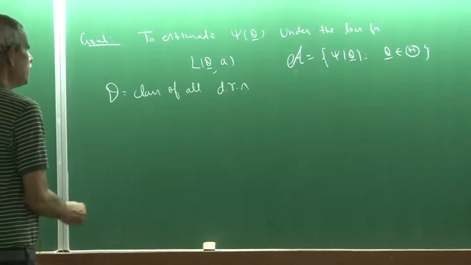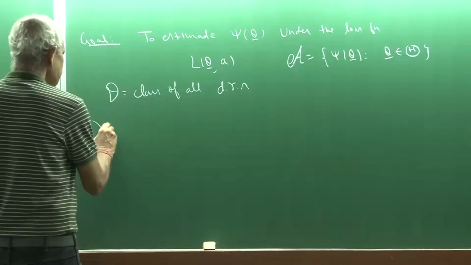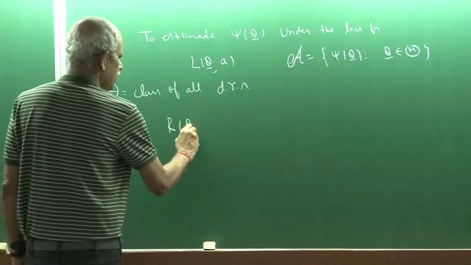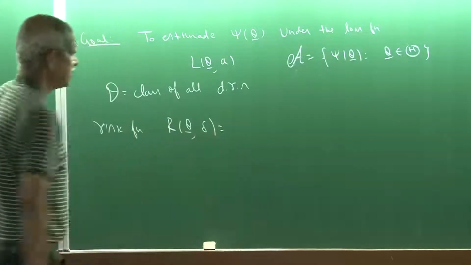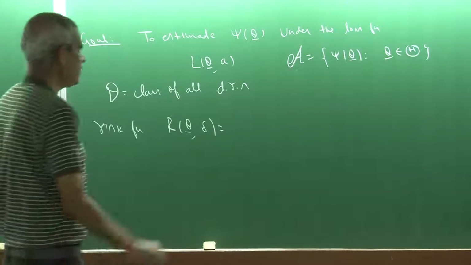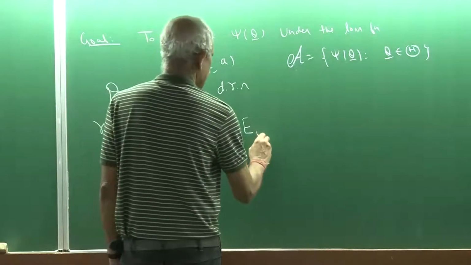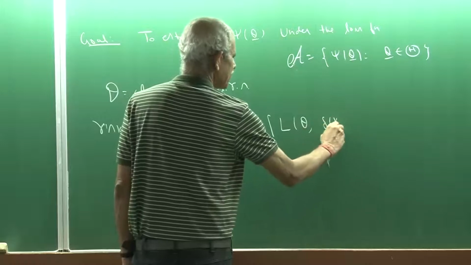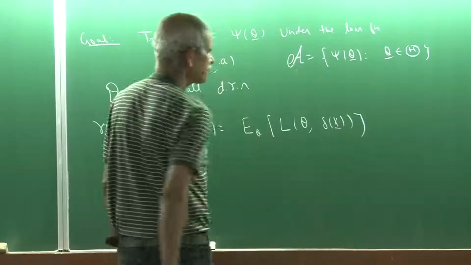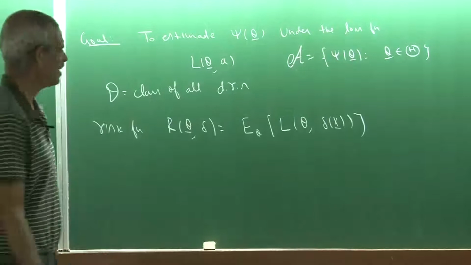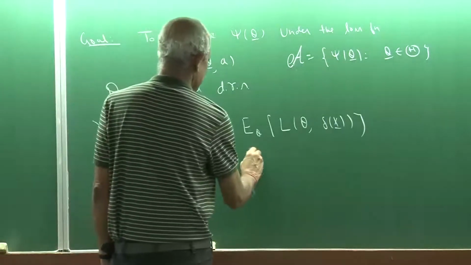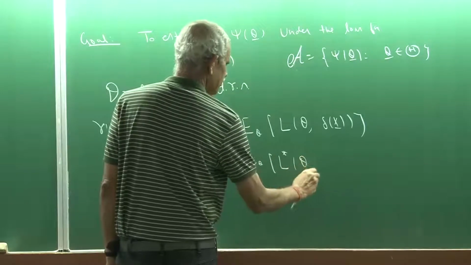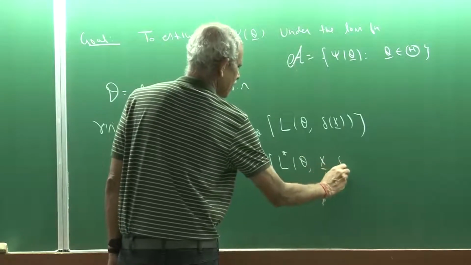So I denote the risk function R(theta, delta). The risk function of an estimator is defined to be the expected value of L(theta, delta(x)), which is basically nothing but the expected value of L star (theta, x, delta).